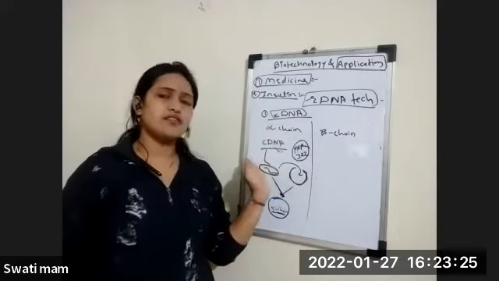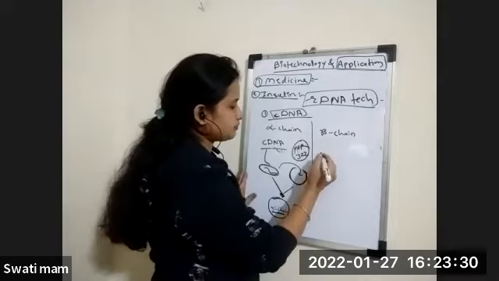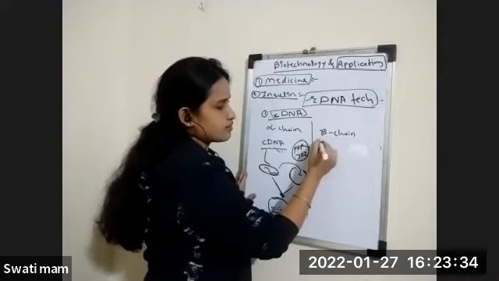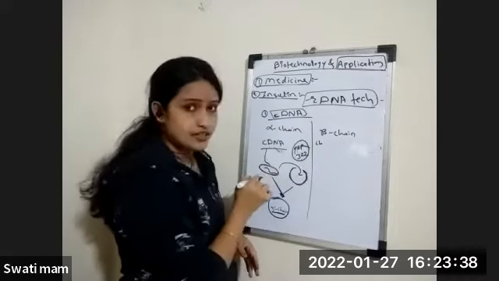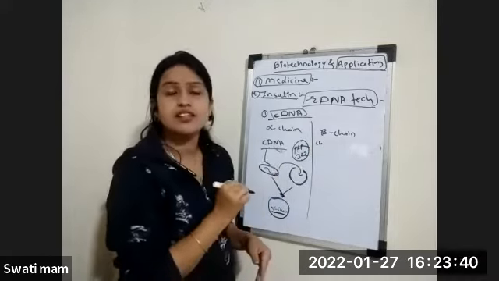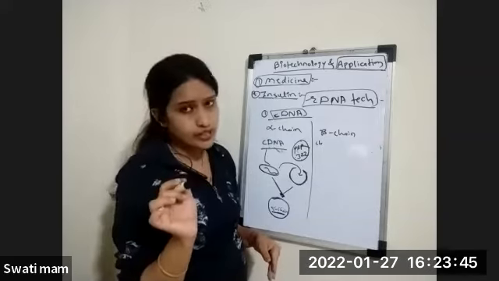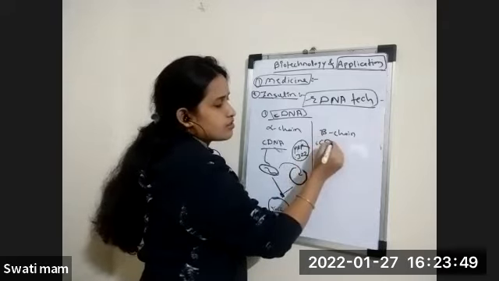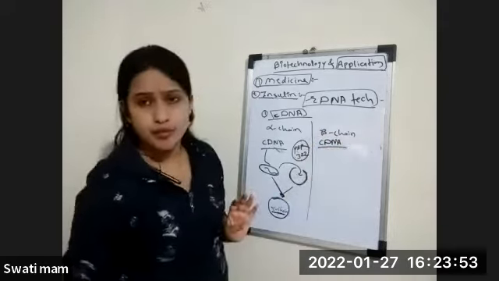Now, like the alpha chain, the beta chain is also formed. It is also like that. The only difference is that the cDNA we extracted for the alpha chain has the constituents of 21 amino acids, but for the beta chain it has the constitution of 30 amino acids.